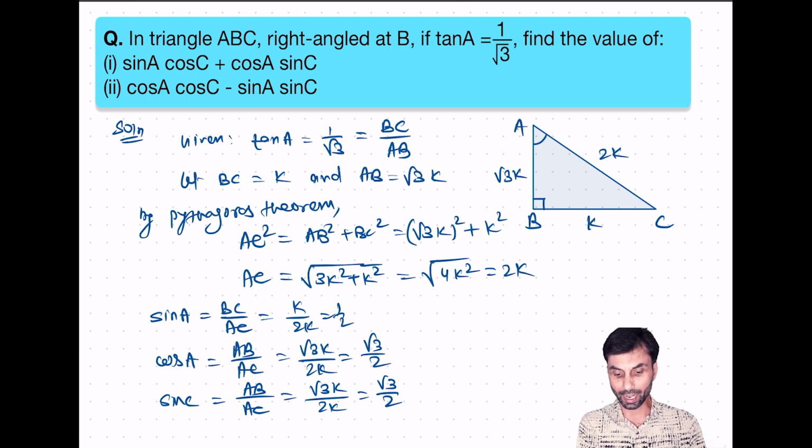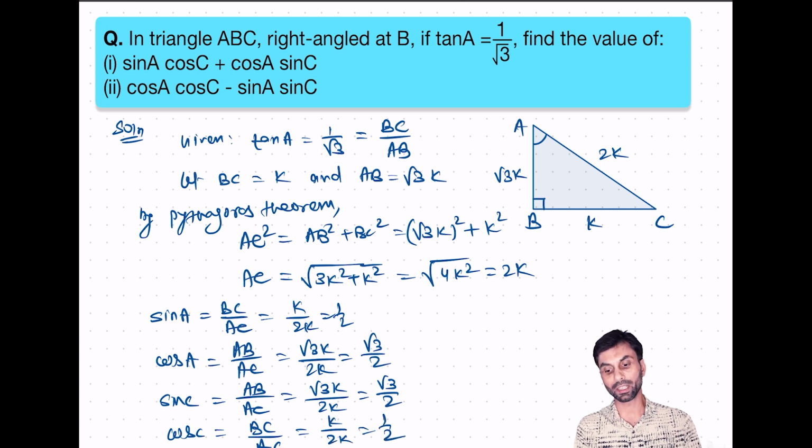And the value of cos C will be adjacent BC upon hypotenuse AC, that will be K upon 2K, and that will give 1 by 2. Now we'll find out the first and second question.